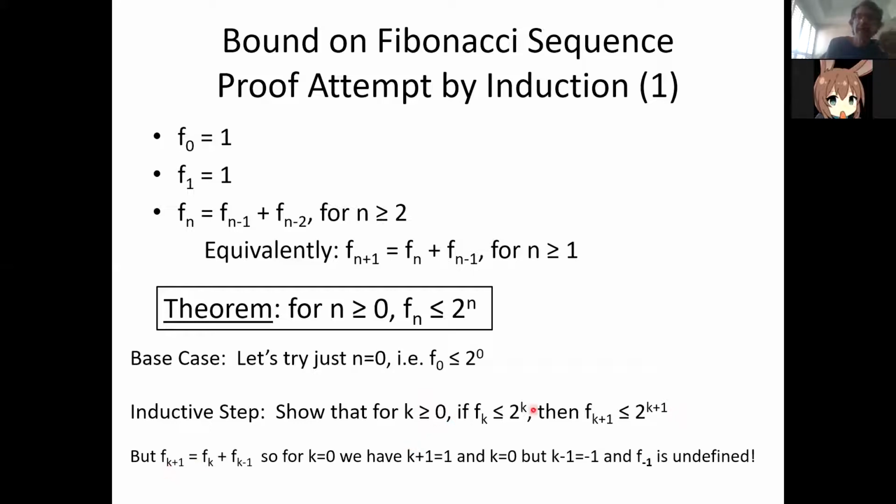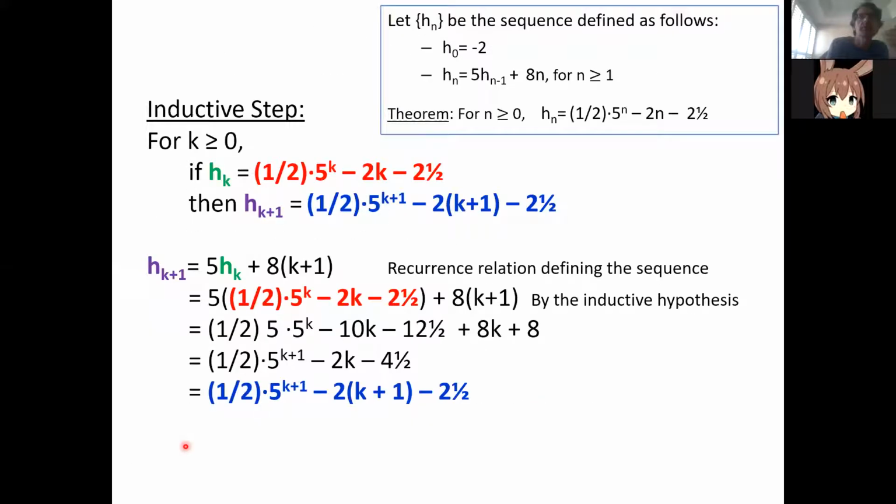But that, however, doesn't fit, because in the first step of this inductive proof, my goal is to somehow upper bound f_{k+1} by 2 to the k+1.